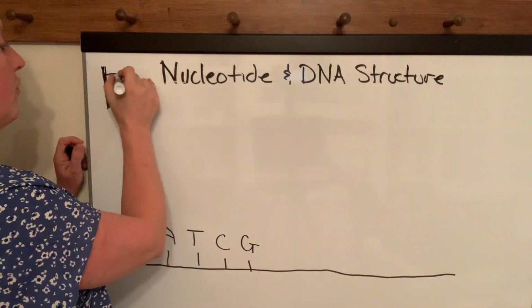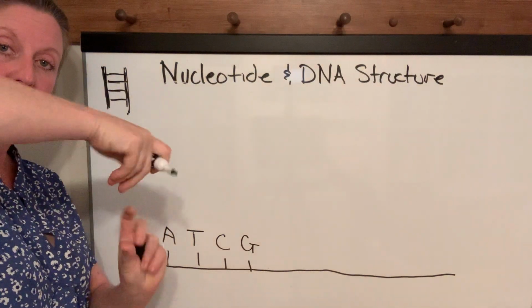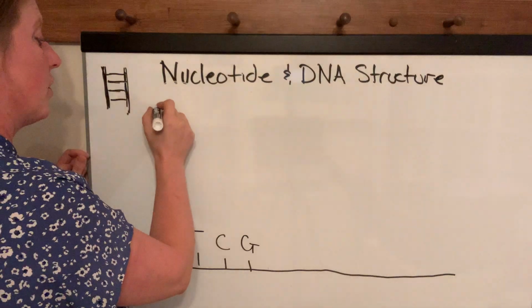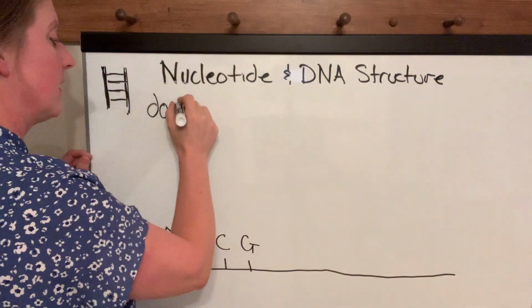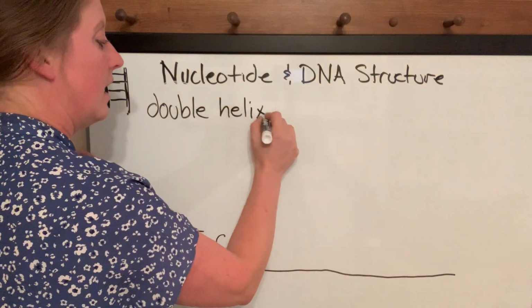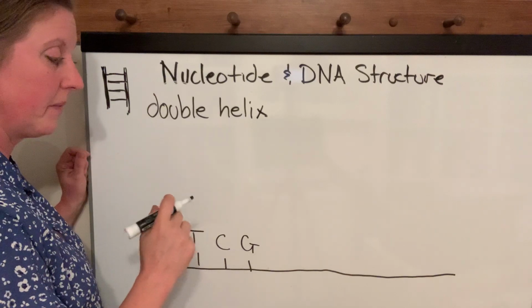And you've probably seen pictures of it where it looks like a ladder that's twisted. This structure, a twisted ladder, is known as a double helix. Helix means spiral, so this is a double spiral.